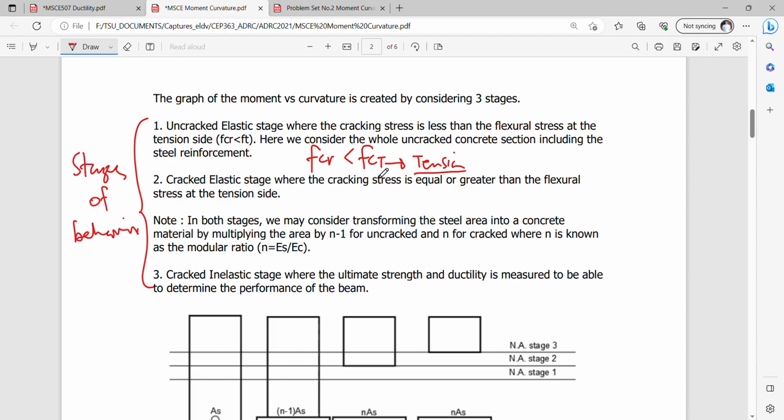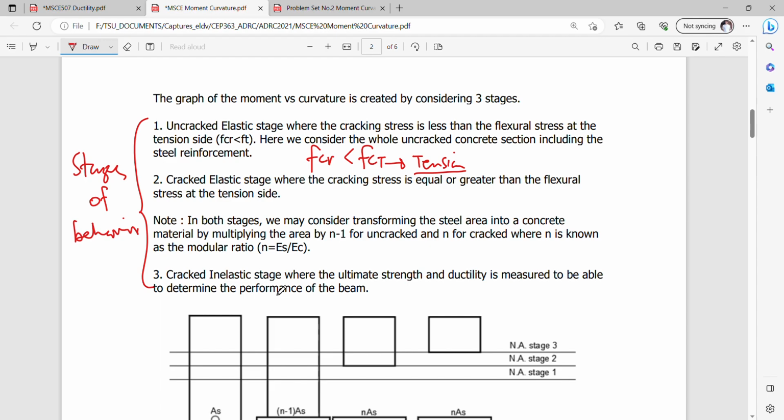As soon as this stress exceeds your cracking stress, then your beam will start to crack, and your beam will stay in an elastic behavior until such time that the fibers will no longer be able to rebound elastically, and it will go further to the cracked inelastic stage, where cracking, defined by the width of the crack, will be increasing from a certain value to the failure value.